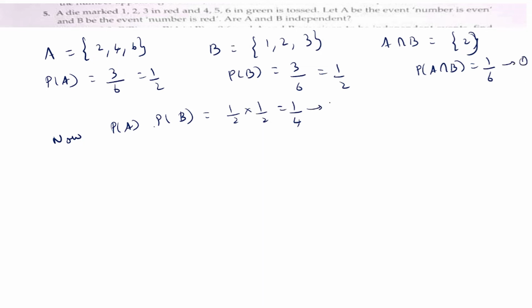So from 1 and 2, probability of A intersection B not equal to probability of A into probability of B. Therefore, A and B are not independent.